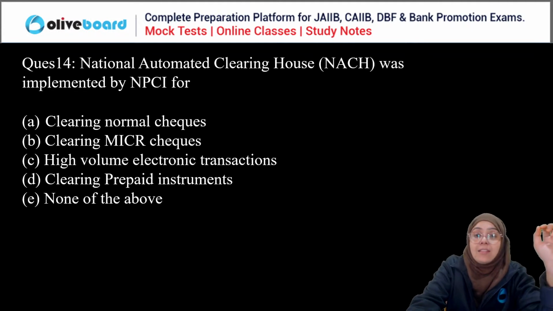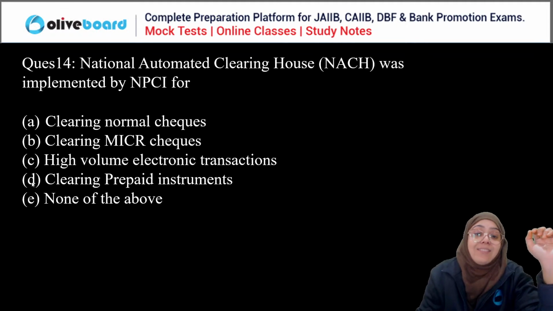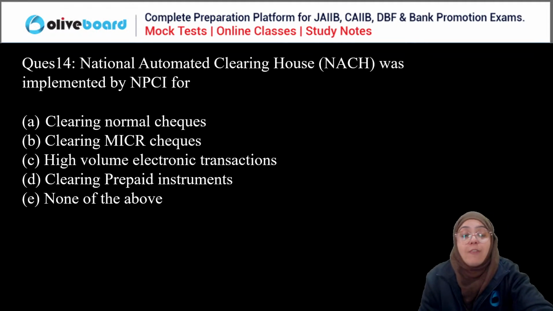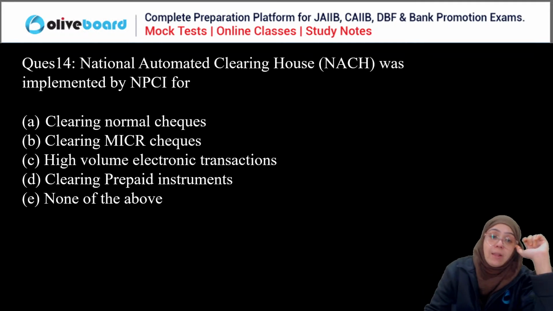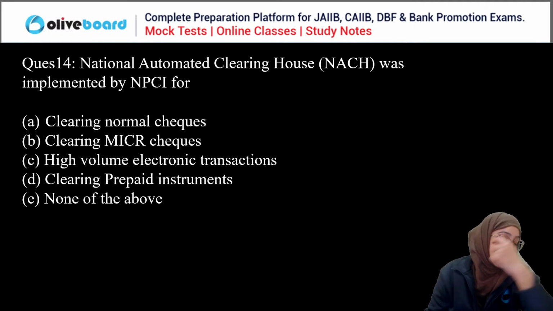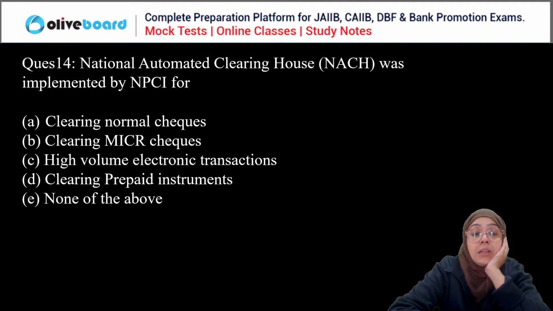So NACH, the National Automated Clearing House, is set up by NPCI for which of the following main purposes?